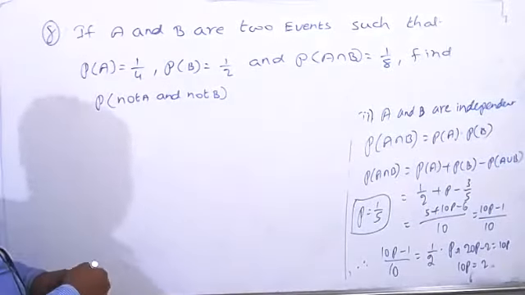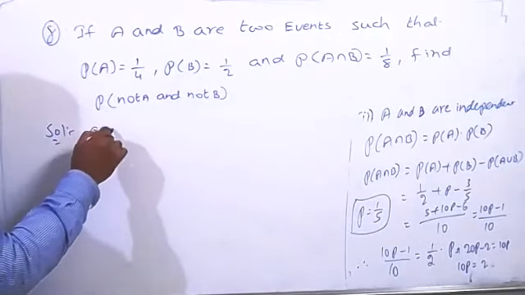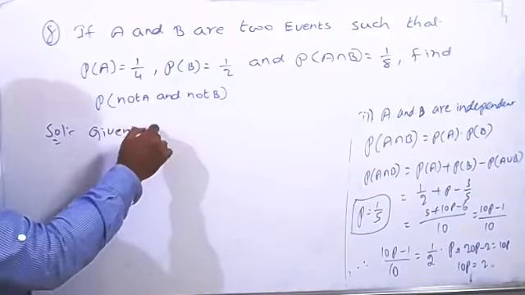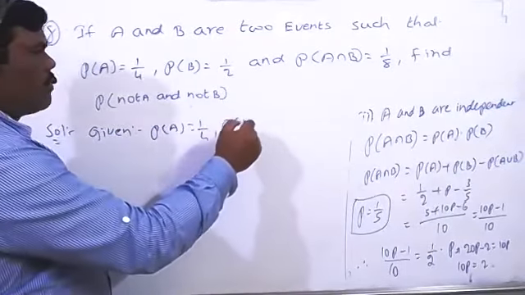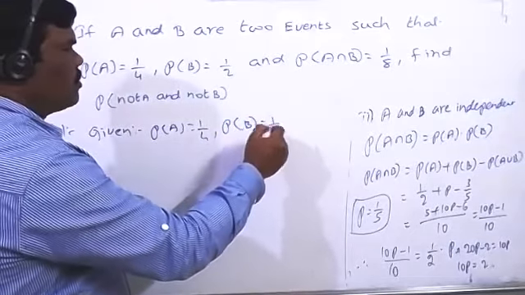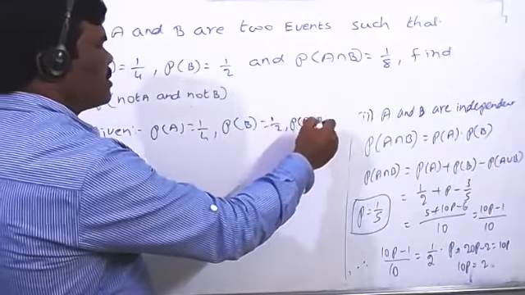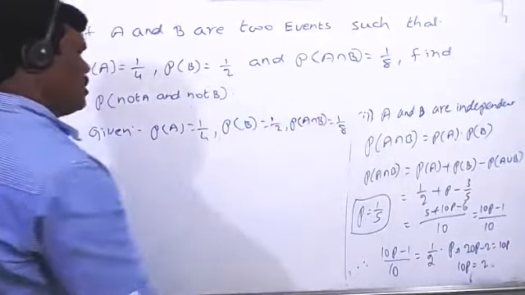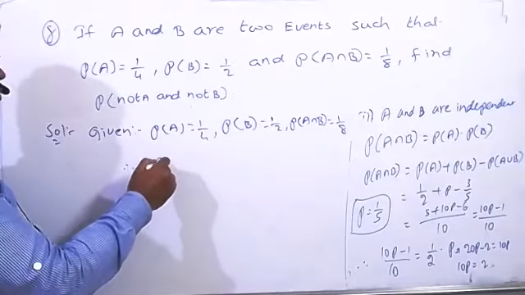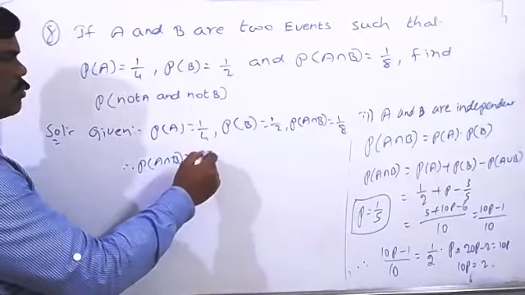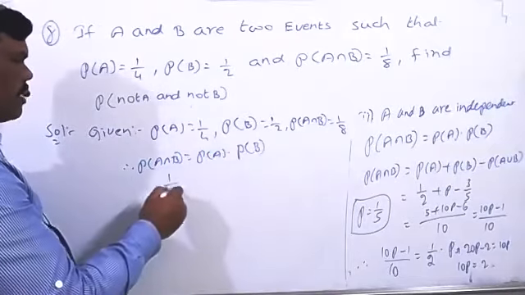So first I can write, given probability of A equal to 1 by 4, probability of B equal to 1 by 2 and probability of A intersection B equal to 1 by 8. Now we can cross check it. Probability of A intersection B is equal to probability of A into probability of B if they are independent events.